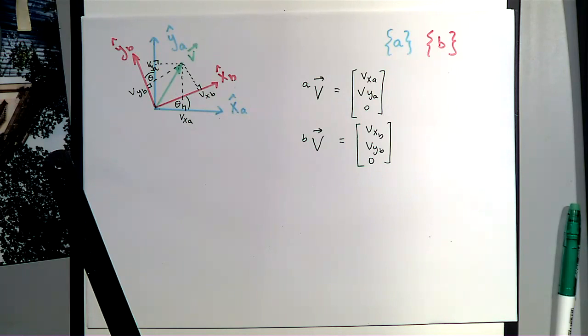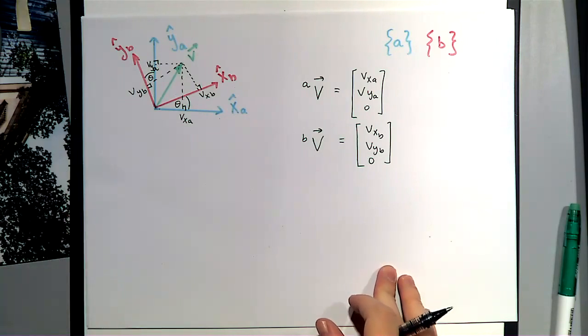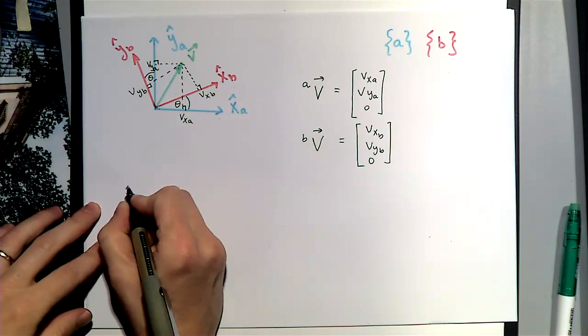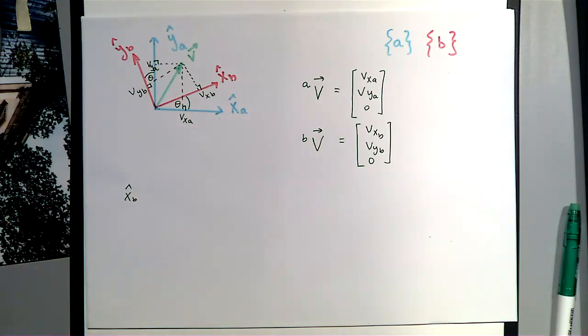All right? So what is step 3, representing the axis of frame B in frame A? What I can do is look at this axis, xb. Yeah? It is a vector itself. Okay? It has magnitude 1 and some direction.